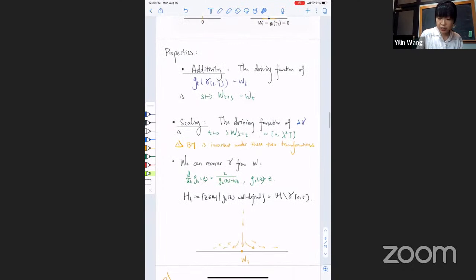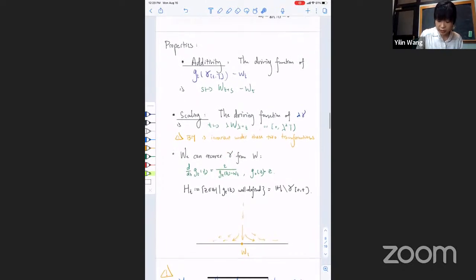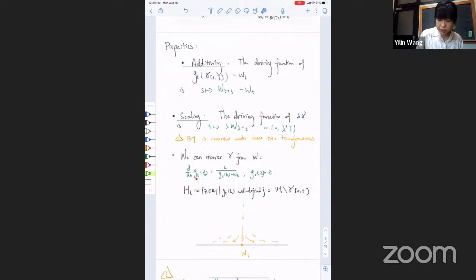And I already mentioned that we can also recover gamma from the driving function itself. Actually, as a function of t, this map g_t, if I take a z belonging to the upper half plane, will follow this differential equation. It starts with the identity function, starting from z, and it will follow this differential equation here.